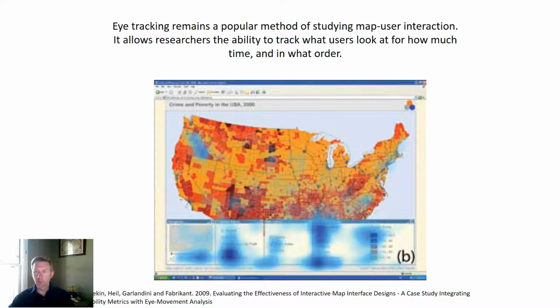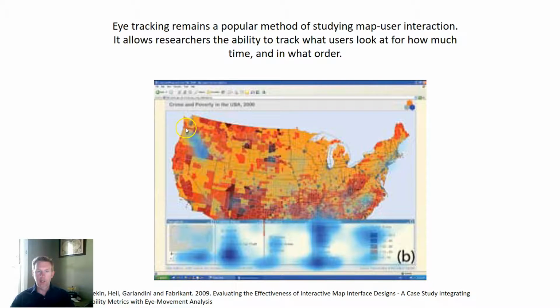Eye tracking studies are widely used. We use this at the V-GER lab, which studies spatial cognition, hosted by myself and Dr. Ledoux in the geology department, using eye tracking to see how people are taking apart visualizations. In this case, we have a heat map that's demonstrating what people are looking at, and you can see these blobs over the symbols demonstrating the amount of time that people are spending looking at different elements.